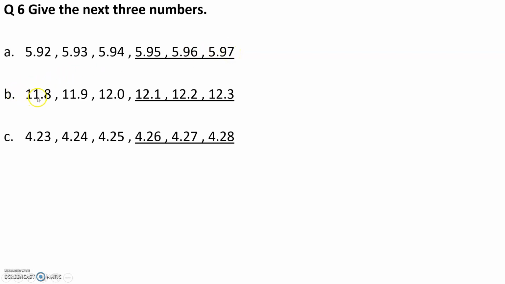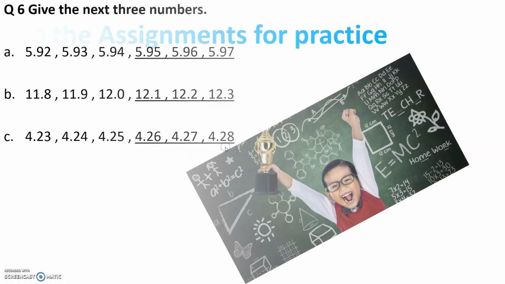Then 11.8, 11.9 and 12.0. So here, after 0, 1 will come. So 12.1, 12.2, 12.3. Next 4.23, 4.24, 4.25. So the next three numbers will be 4.26, 4.27, 4.28.